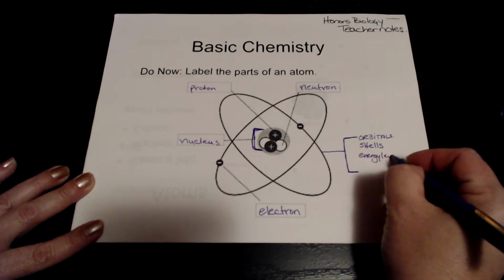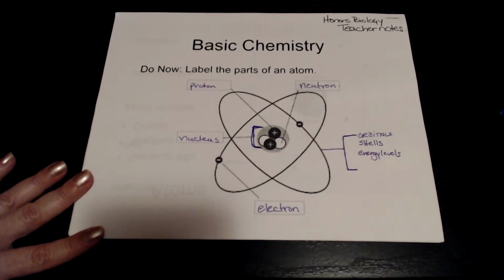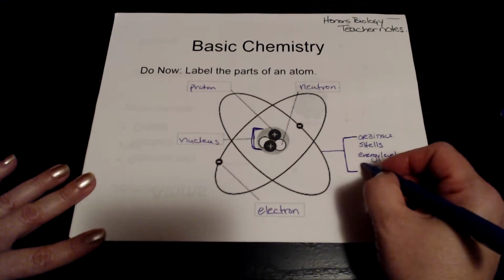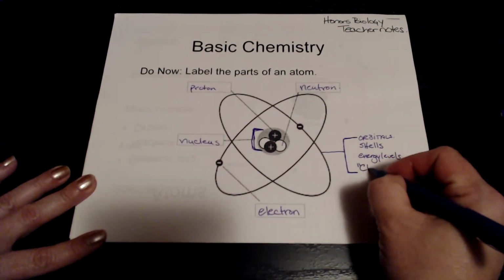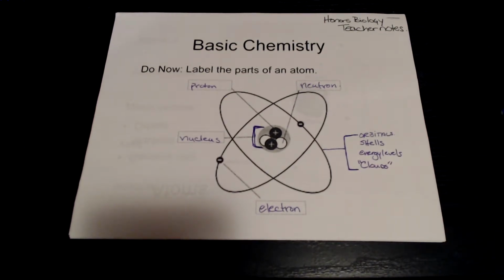That's probably what you want to get most accustomed to calling them because you will be calling them that in chemistry, I'm sure. And if you want to go kind of old school, they were called clouds at one time. They're not really called clouds anymore because that theory of how they move around is a little bit old. They don't really move like that anymore.